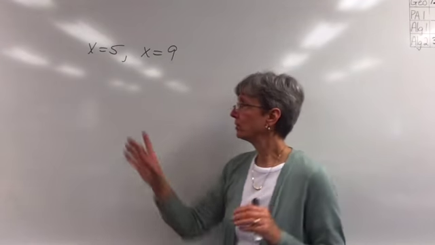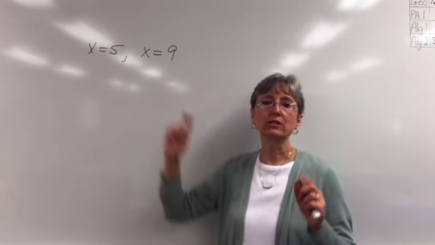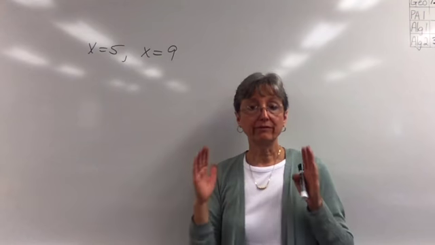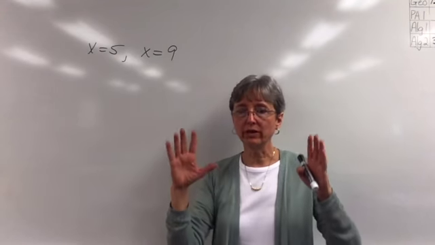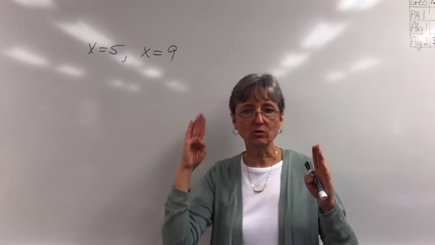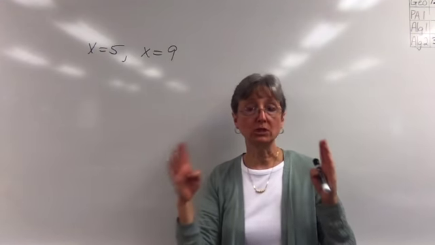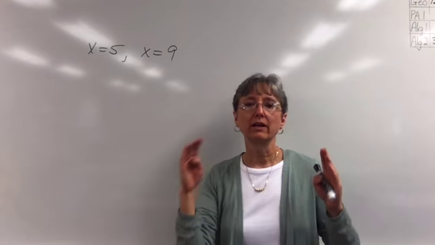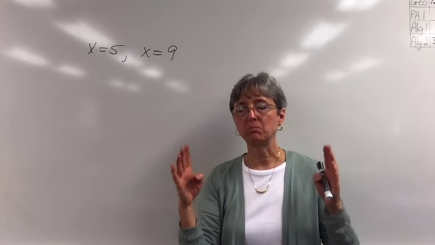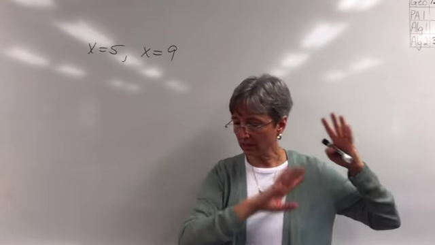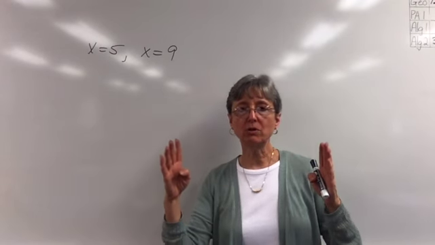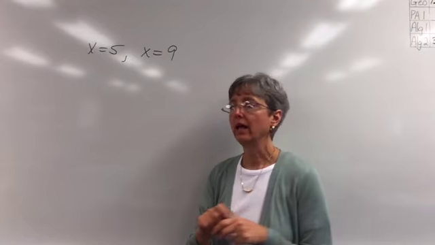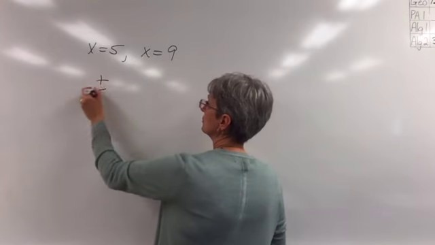So if you look at 5 and 9, you realize those two zeros are 4 units apart. So what you can do is start with the equation that has zeros at -2 and +2, because those are 4 units apart and we want plus and minus the same number. So I'm going to go all the way back to the two numbers that are 4 units apart on either side of 0, and that would be plus or minus 2.